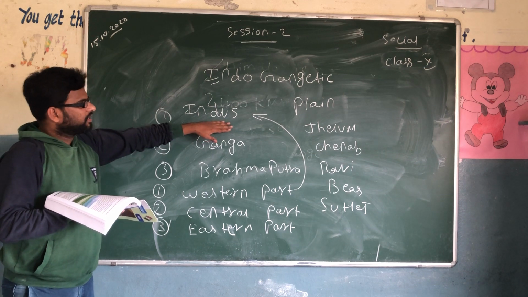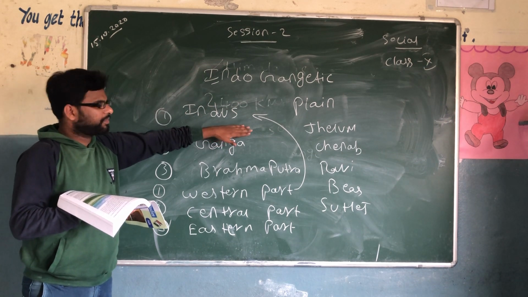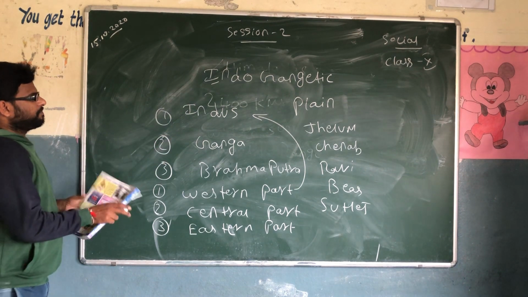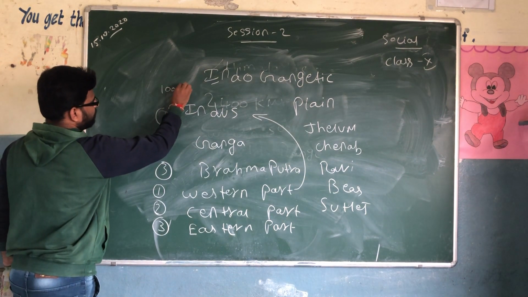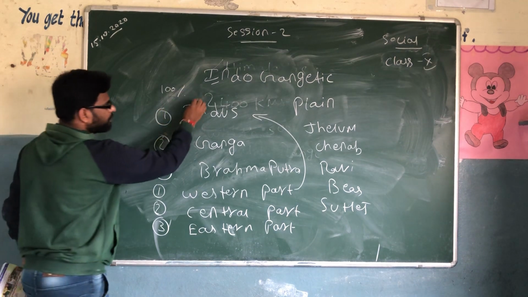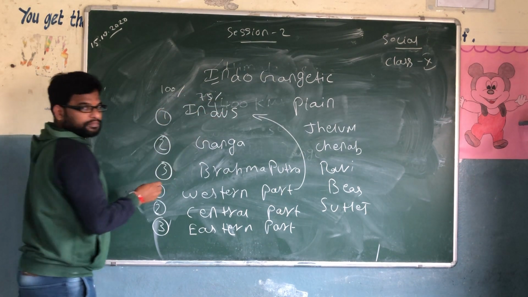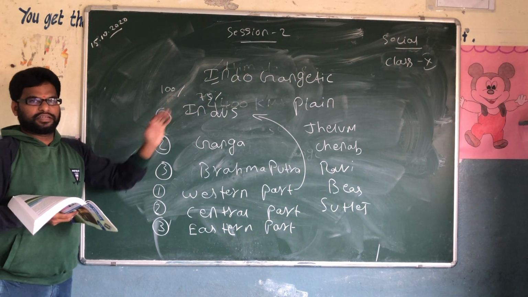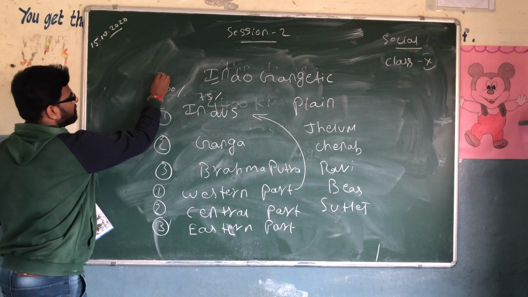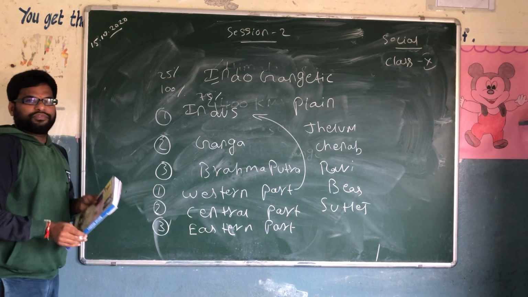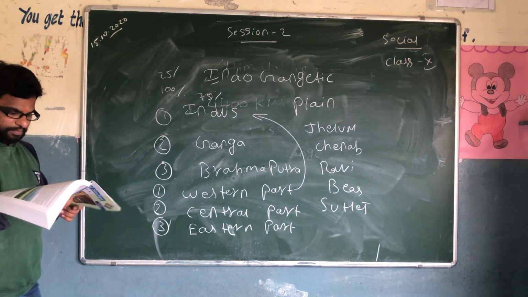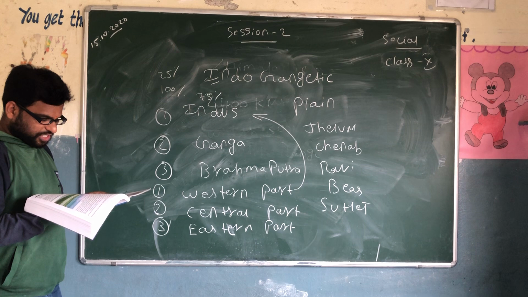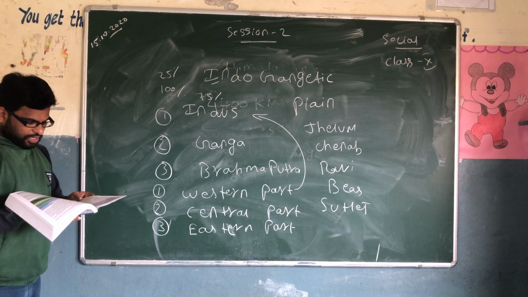Out of 100% of the river, maybe 75% is in Pakistan, but the rest, 25%, is a minor portion. What is the 25% we have? It is flowing through Punjab and Haryana. In this region, the Doab features dominate the fertile land between the two rivers.